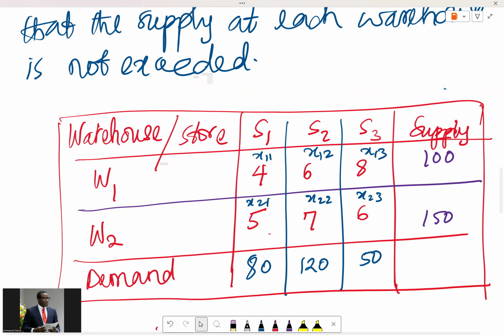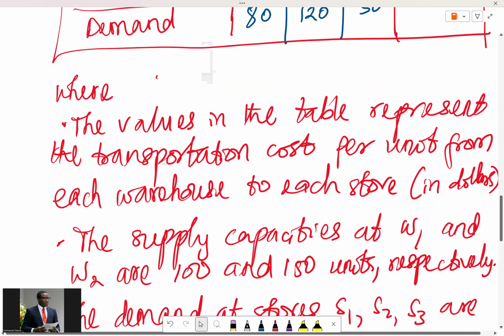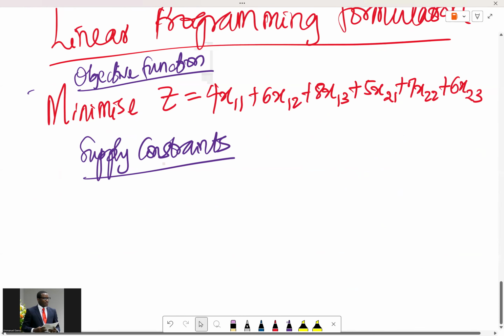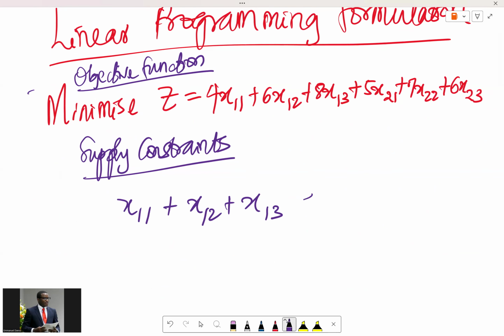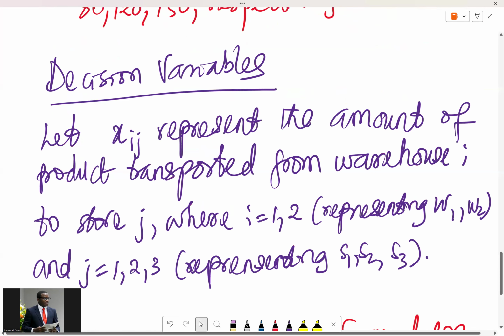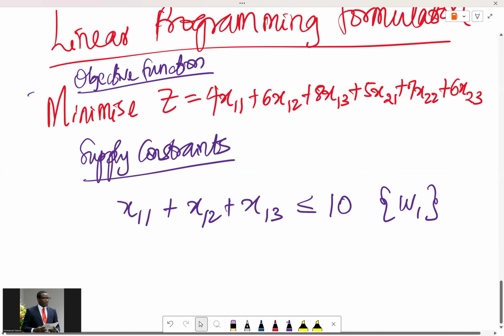We can have a possibility of X11 plus X12 plus X13 supplies from warehouse 1 to the 3 different stores respectively. So we have basically 2 different supply constraints. The supply constraint will be X11 plus X12 plus X13 less than or equal to 100, and that is for warehouse 1.